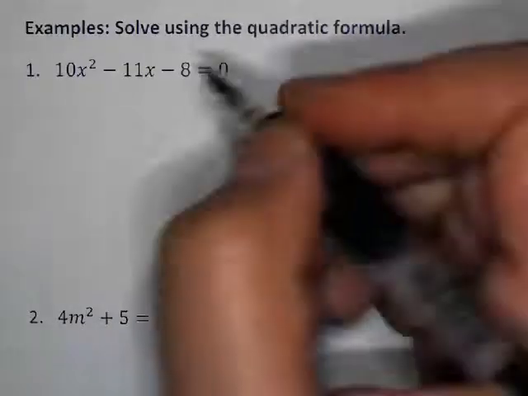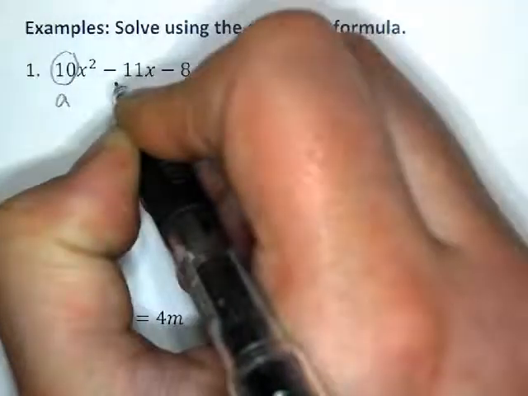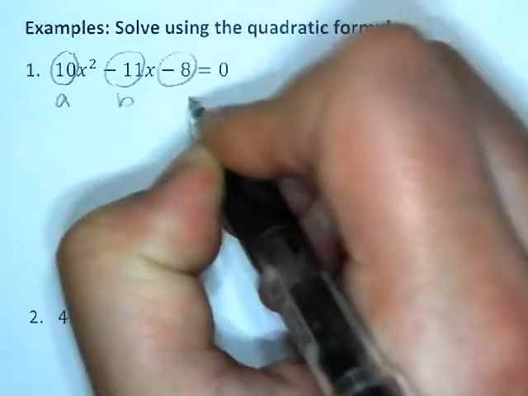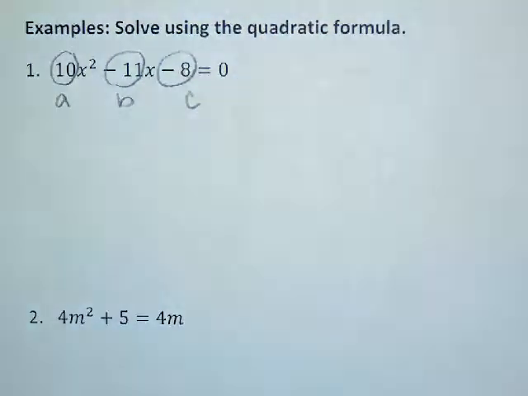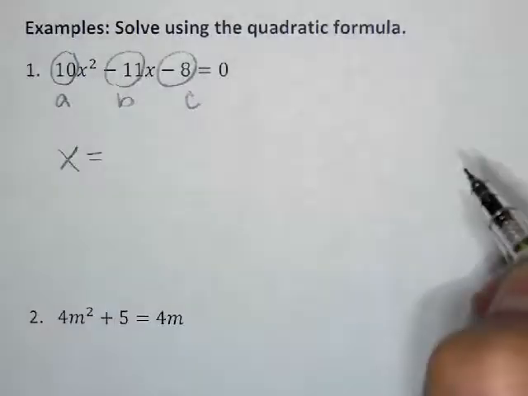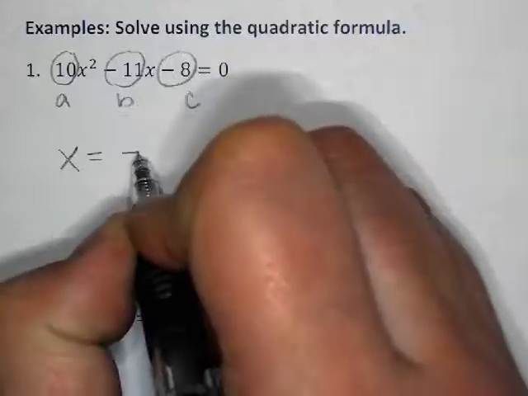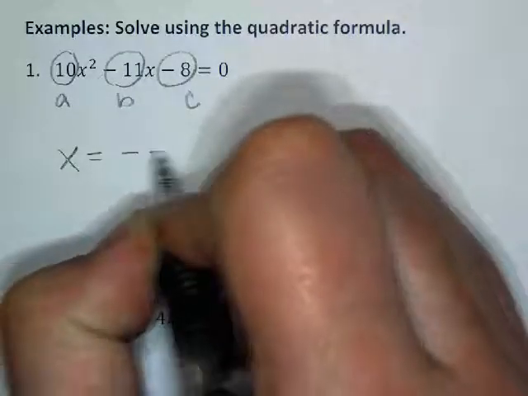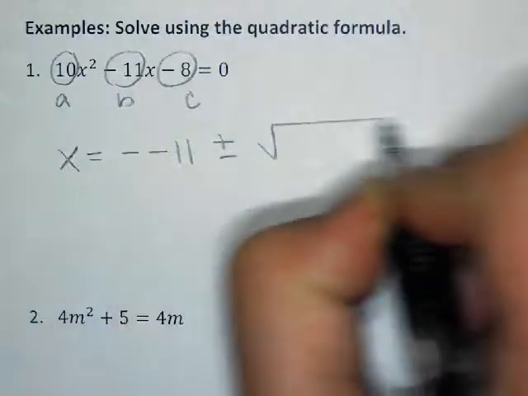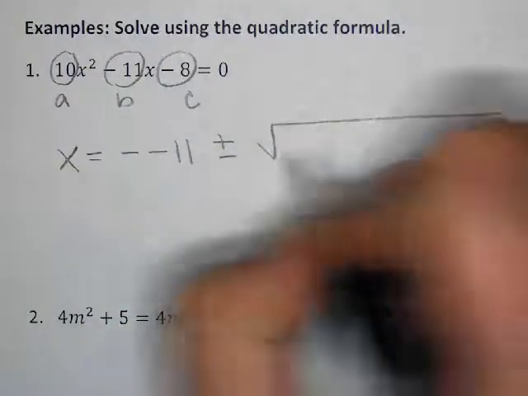So if we look at this, our A value is 10, our B value is negative 11, and our C value is negative 8. So if we start plugging numbers into the formula, first we have negative B, so negative of negative 11, plus minus the square root of B squared.